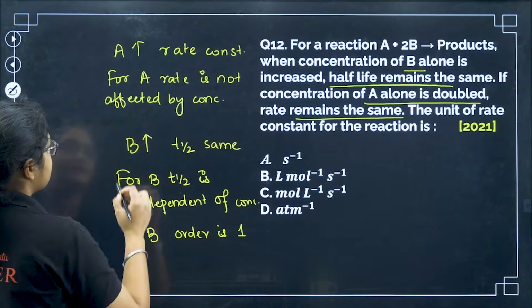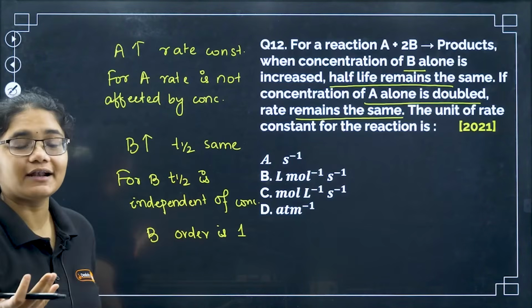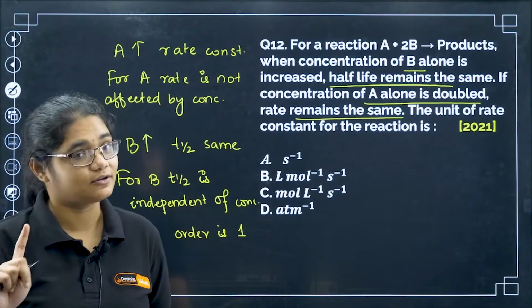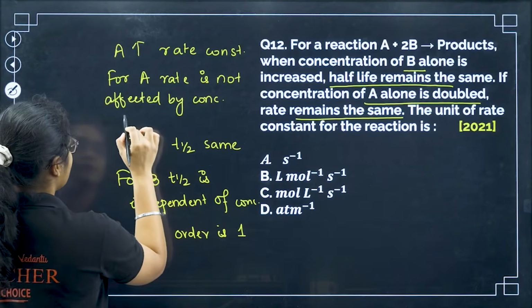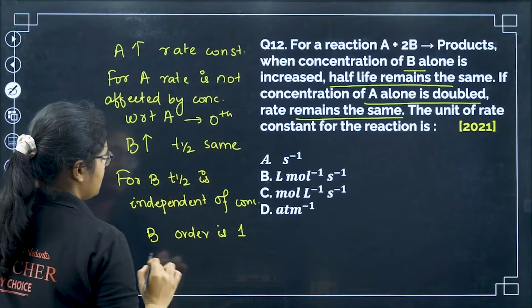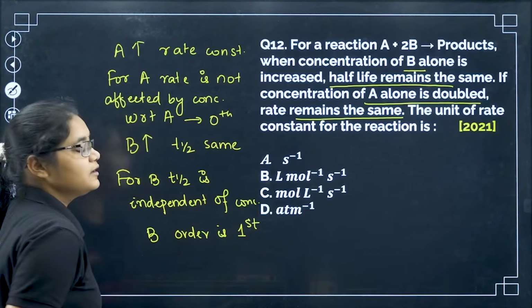So that means which order reaction is that? That is a 0th order reaction, meaning when you change the concentration the rate is not affected. So with respect to A it is a 0th order reaction. With respect to B it is a first order reaction.